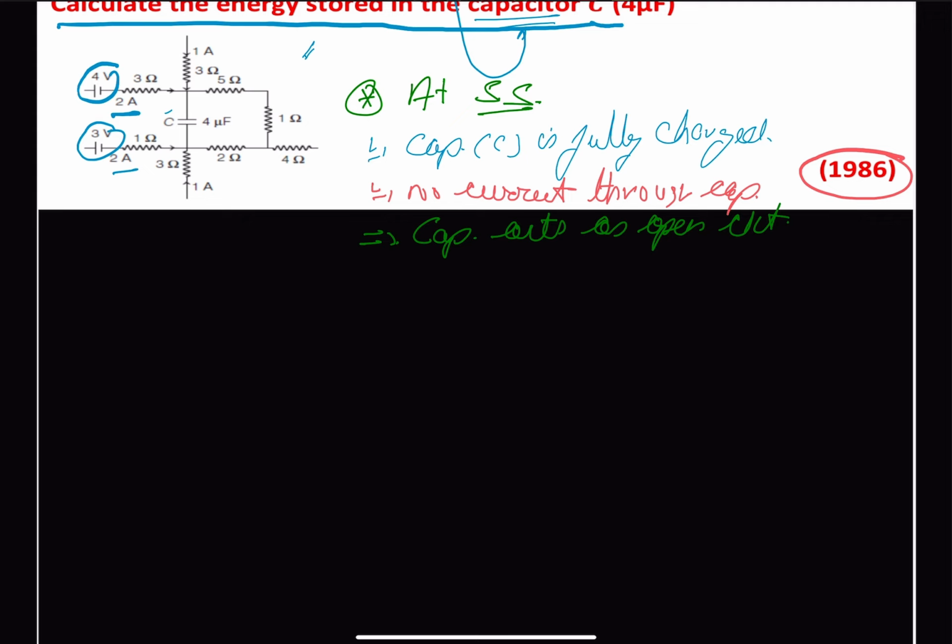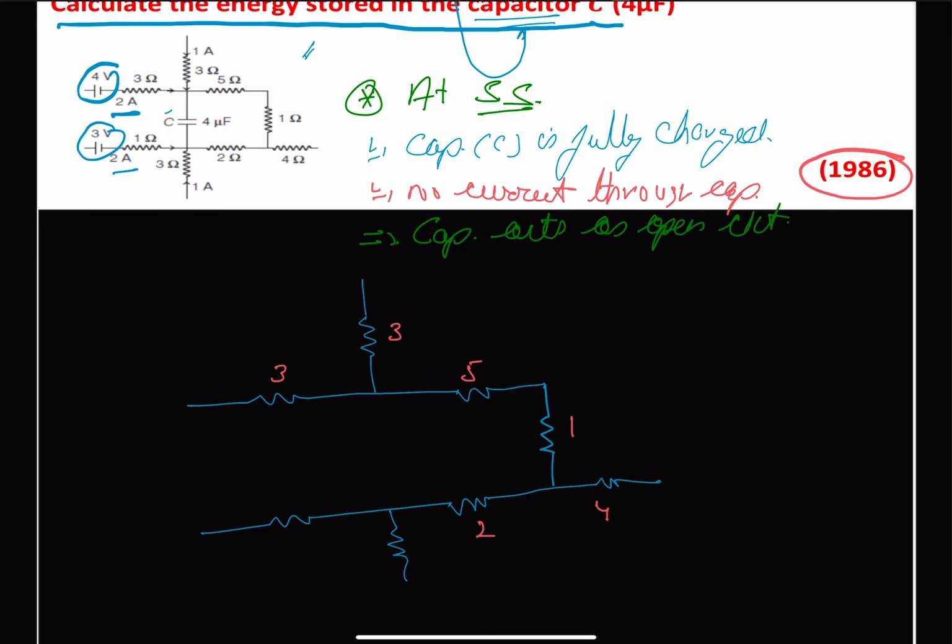The values of the resistances are given as 3, this is also 3, and we have a 5 ohm, and then 1 ohm, 2, 4, this is also 3, and this is 1 ohm.